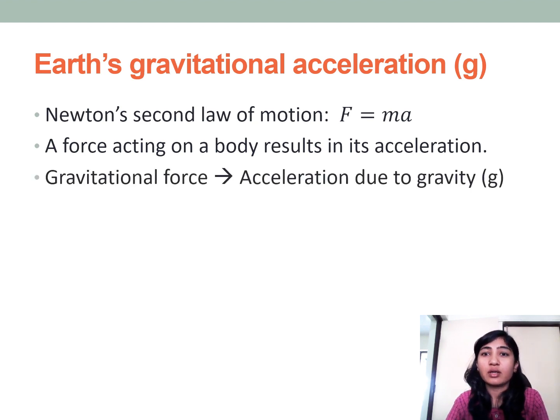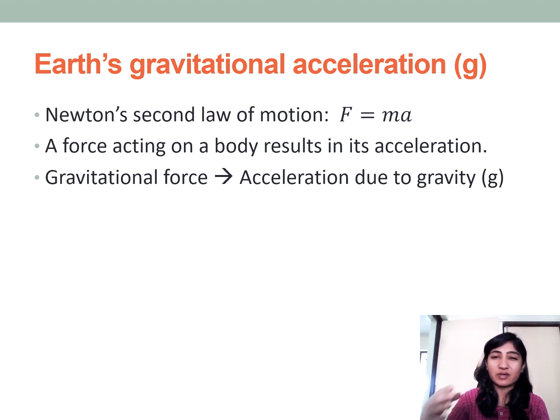So here the force we are talking about is gravitation, Earth's gravitational force. Therefore, because of that force there will be acceleration, and that acceleration is called acceleration due to gravity.